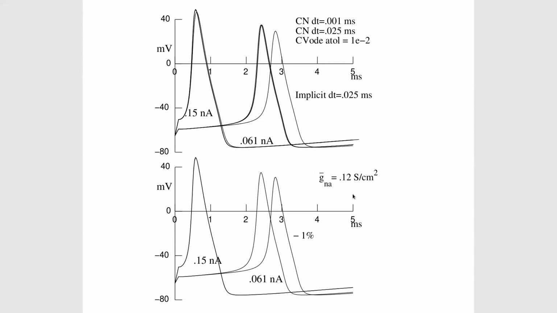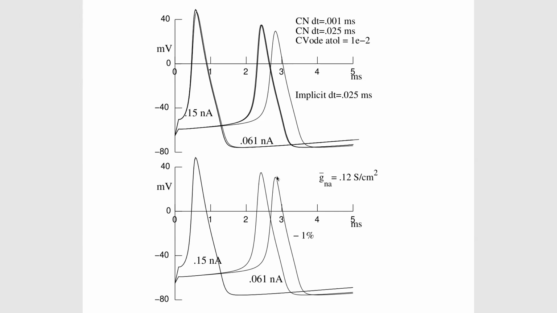So far so good. But what if there's even a 1% error? Again, it doesn't make much difference when the stimulus intensity is high. When the stimulus intensity is low, so that the cell is close to firing threshold, just a little bit above firing threshold, this is what we get when GNA bar is 0.12 Siemens per square centimeter, the standard value. This is what we get when it's only 1% less.